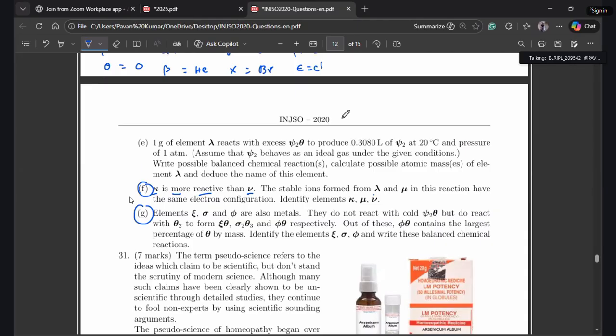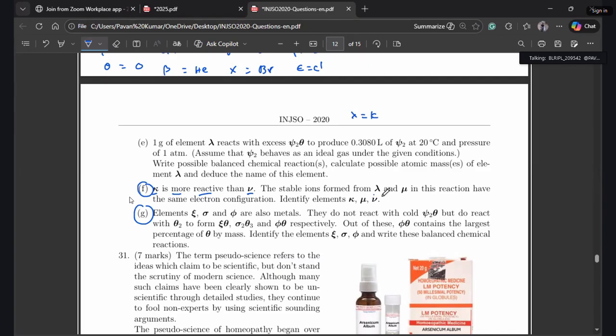We should discuss it in the states of matter time. Lambda is equal to potassium. And mu.